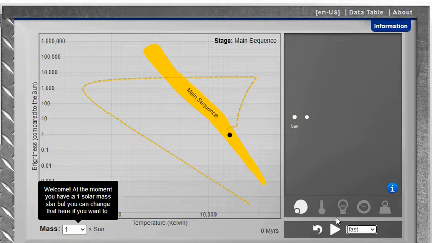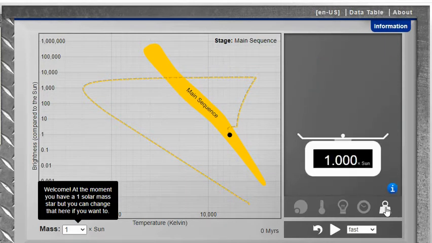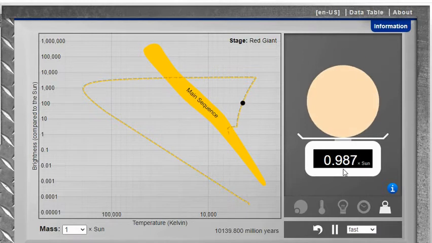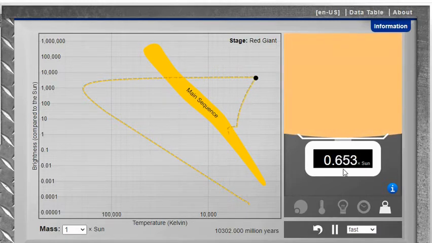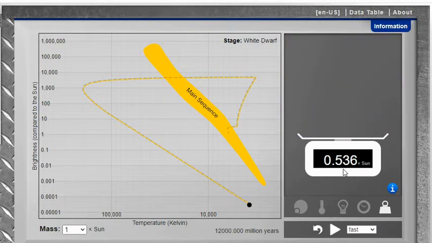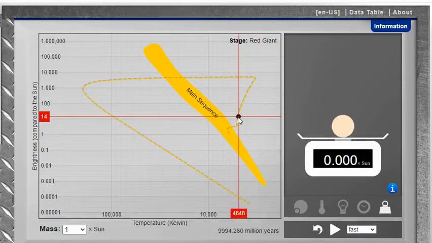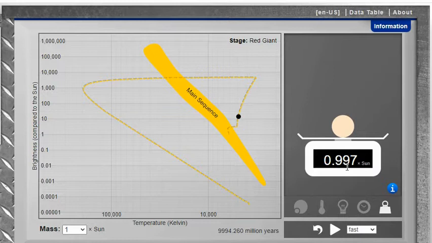If I click on the mass of it, I thought this was a cool thing to show. Right now it's saying 1 times the mass of our sun. If I hit play, you will see that this number changes, but very, very slowly, and then it accelerates in how it changes. I can click on any point in here. Right here, I can see that the mass of the sun is still 0.997 times what it was.